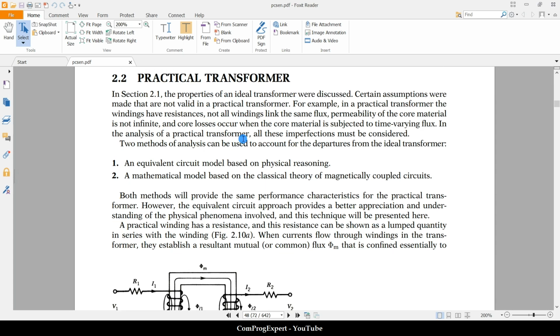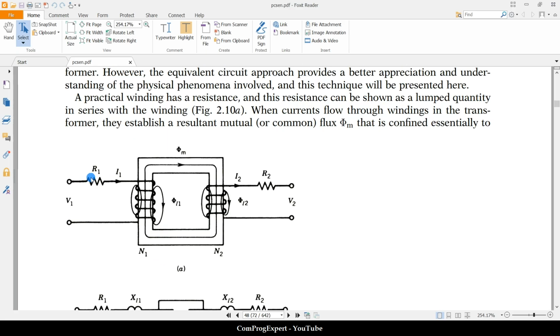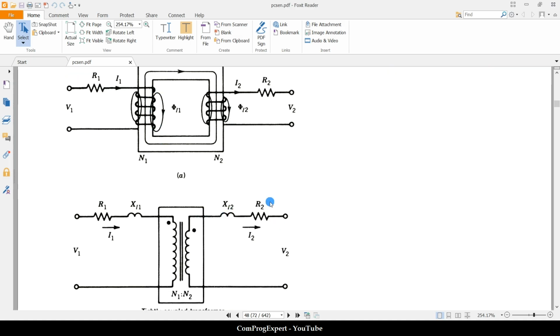So, a model that includes the effect of the winding resistances and leakage fluxes, right? To calculate the quantities and also calculate properties of the transformer, such as the efficiency, voltage regulation, and so on.